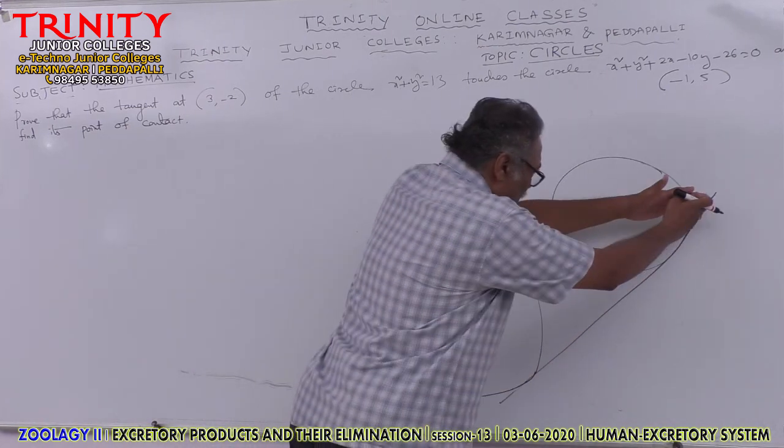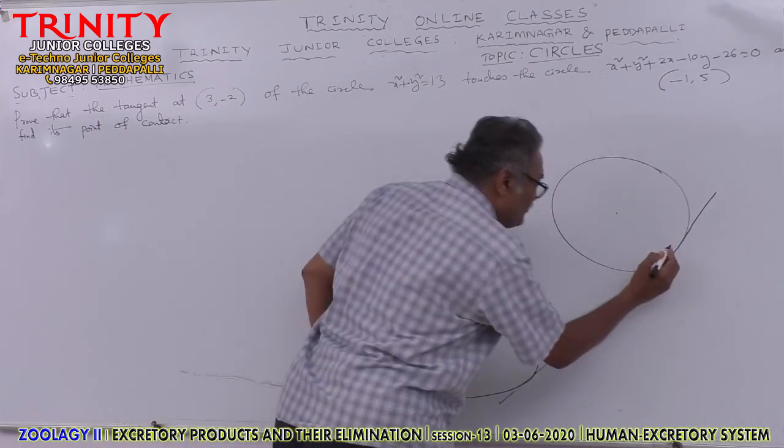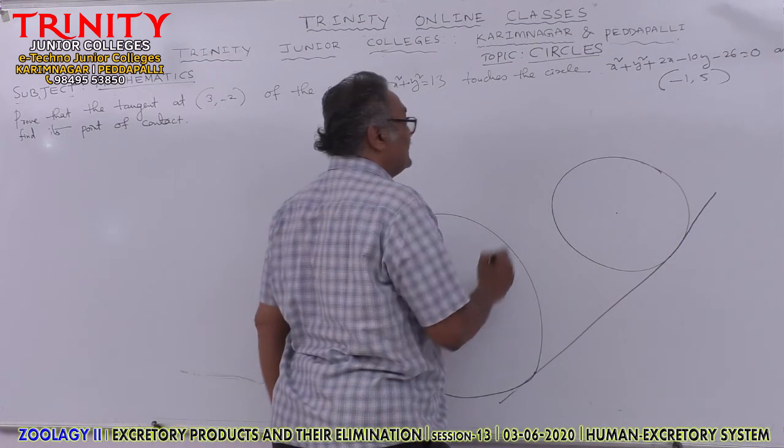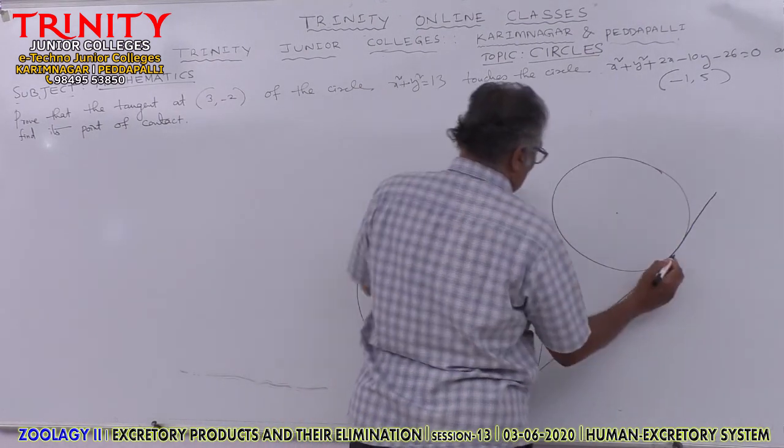First, finding the equation of the tangent at this point 3 comma minus 2.